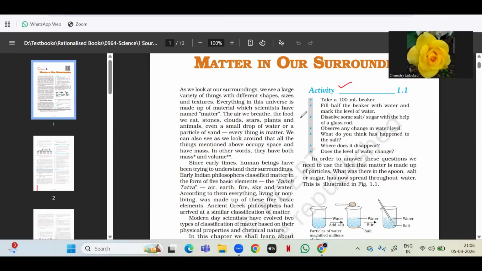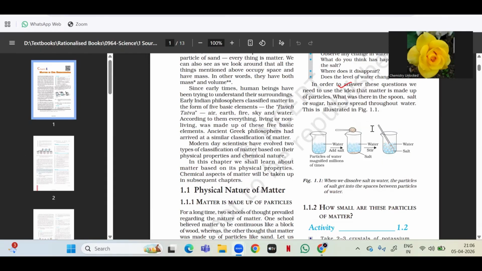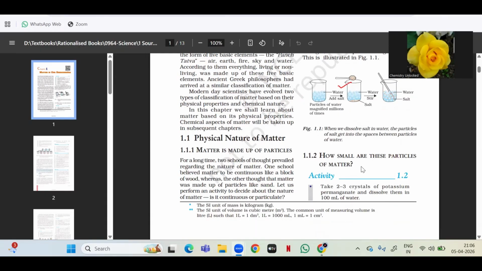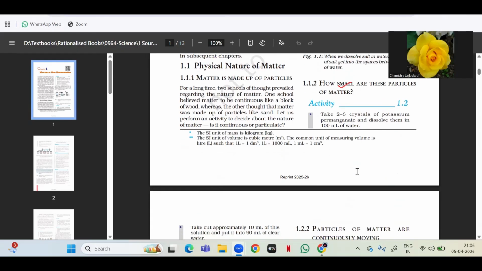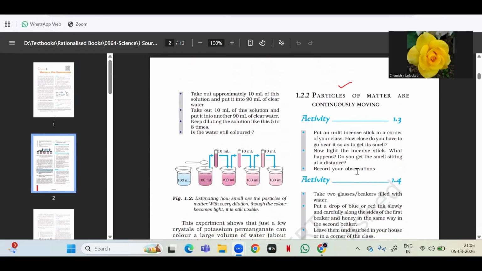Now let us go further. How small are these particles of matter? This activity is proved with the help of potassium permanganate. Let me first explain what has been done. They have started with, let's say, 100 ml of water.